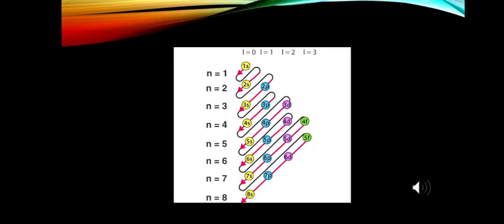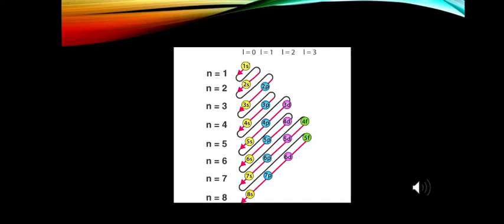For n equal to 4 we have 4s, 4p, 4d and 4f. For n equal to 5 we have 5s, 5p, 5d and 5f orbitals. For n equal to 6, 6s, 6p and 6d. For n equal to 7 we have 7s and 7p. For n equal to 8 we have the 8s orbital.